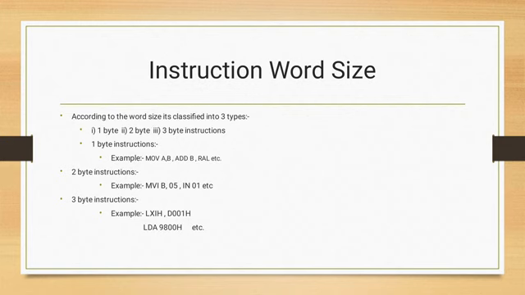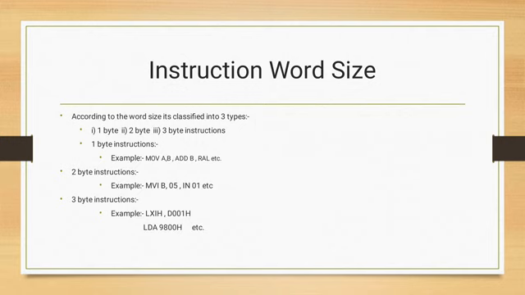The last one is LDA 9800 hex. What does it mean? Get the content of memory location 9800 hex loaded into the accumulator. So this also comes under the 3 byte instructions. For LDA the code is 3A.